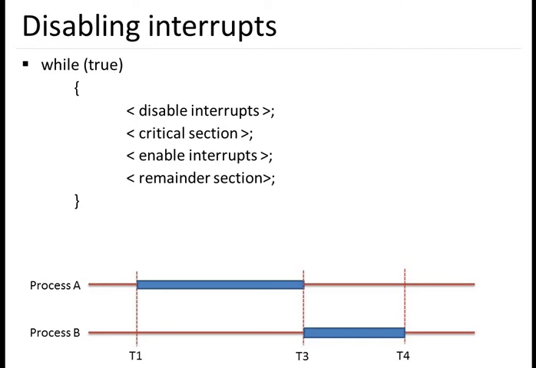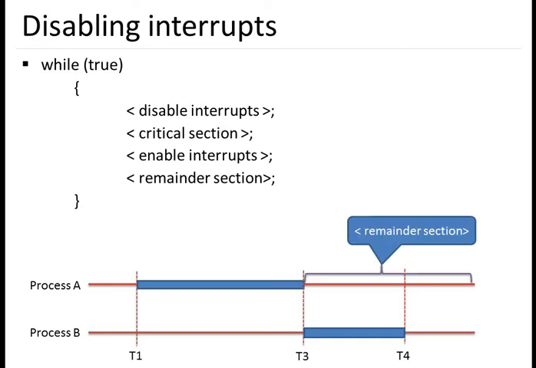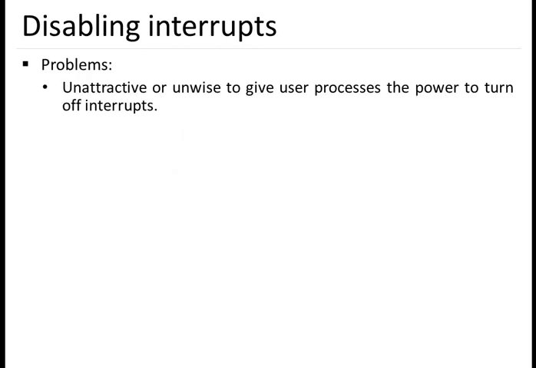Okay, so this is the solution provided by disabling interrupt. But there are various disadvantages, or I can say it is not an efficient way. It is unwise to give a user process the power to turn off the interrupt, because when we turn off the interrupt, that means this particular process cannot be interrupted by any external event.